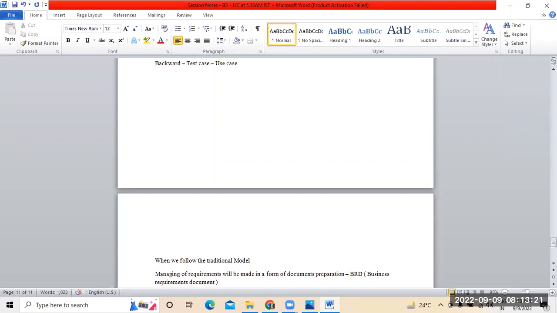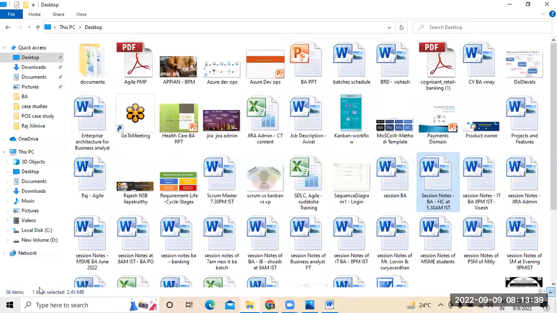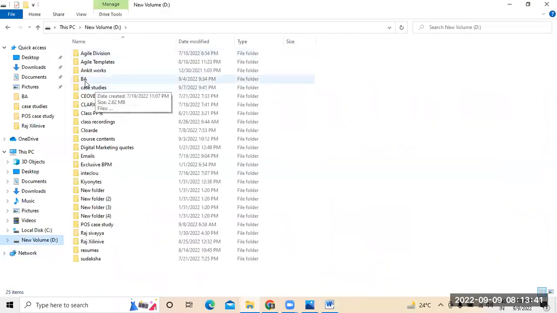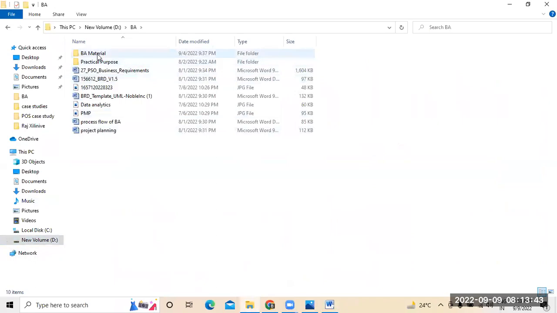The second document we call the functional and non-functional requirements document. Usually we follow templates, because every organization has its own templates to be followed for BRDs and so on.